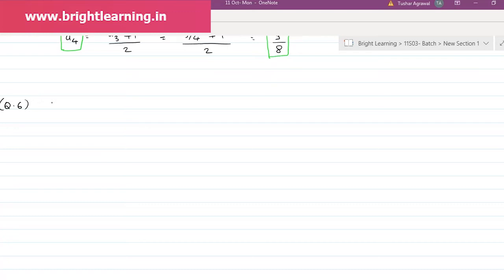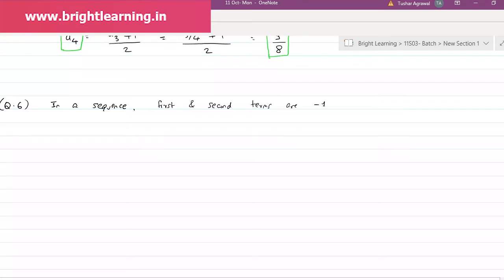Okay. Question number 6. In a sequence, the first and second terms are -1 and 2 respectively.